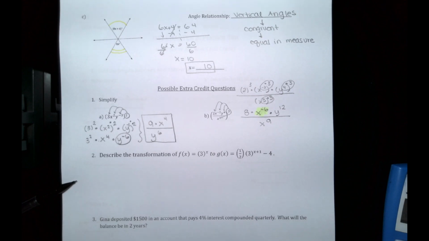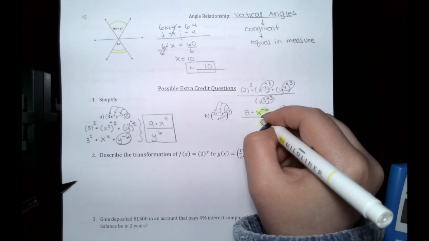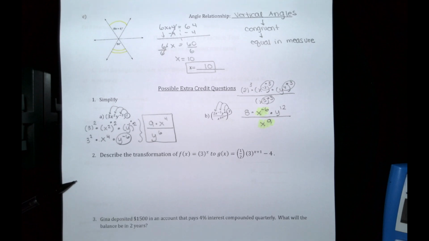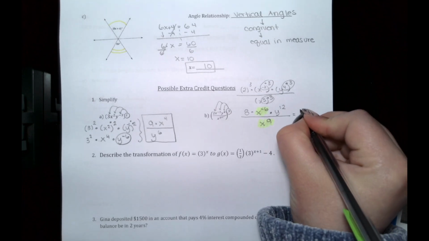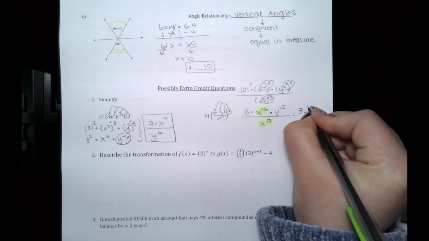Now you can do this 2 different ways. You can simplify first and then bring it, or you can change it. I'm going to actually notice that I have another x to the 9th on the bottom, so I'm going to choose to simplify that first before I deal with any negatives. Typically negatives you want to do at the end. So I'm going to separate this out. I do have my 8y to the 12th.